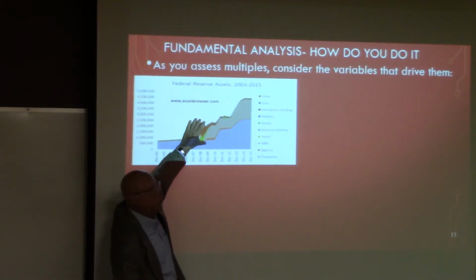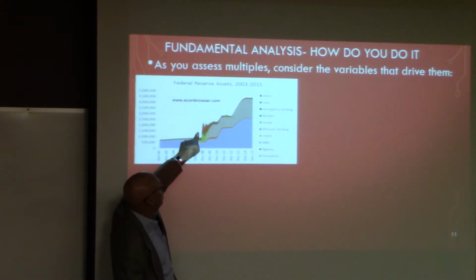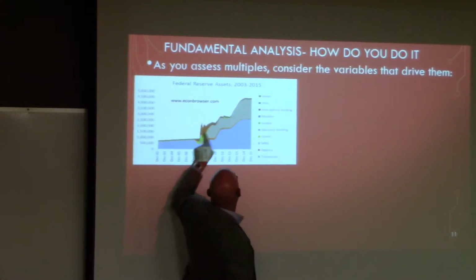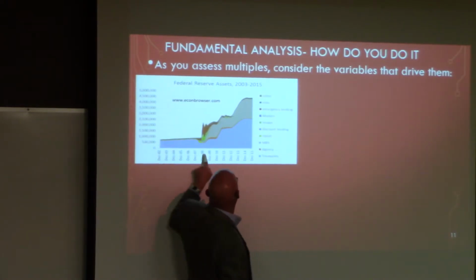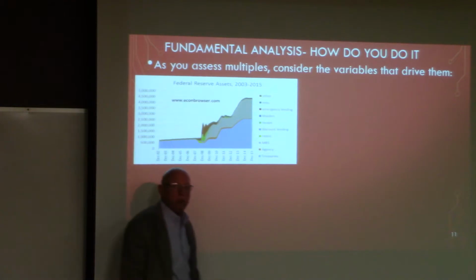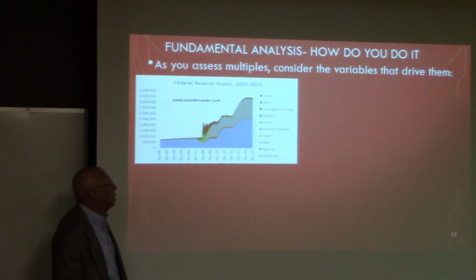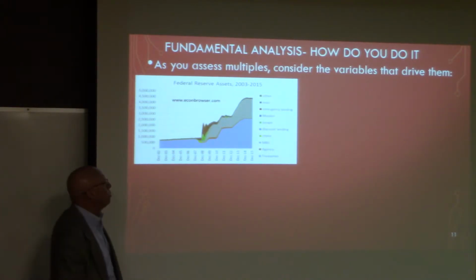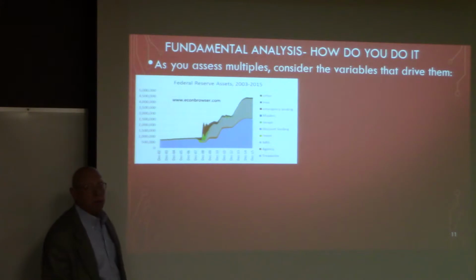They buy bonds. So the balance sheet of the Federal Reserve explodes from 2008 to 2015, where they purchased a large amount of bonds in order to inject money into the system. And this drove stock prices back up, and it drove multiples back up. Interest rates went down, and multiples went up.